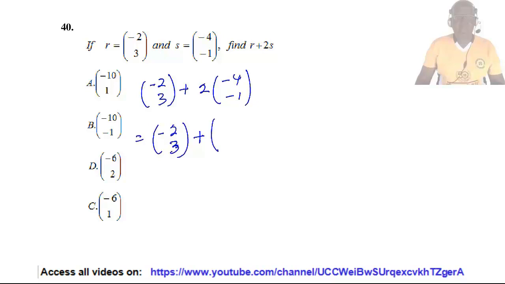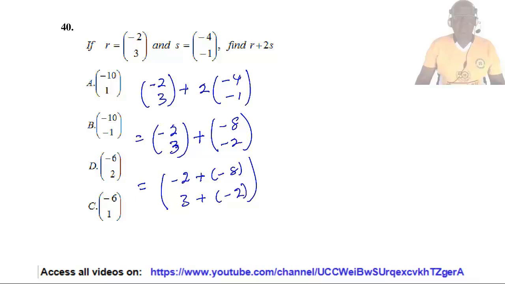We shall get minus 8 on minus 2. Now let us add the R component. We shall get minus 2 plus minus 8, and then 3 plus minus 2, which equals minus 10, and then 1. So the answer is A.